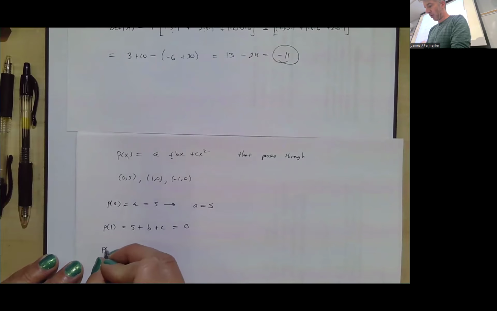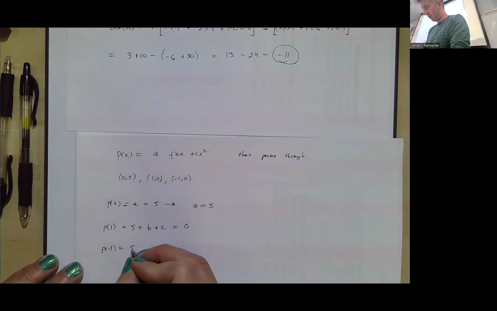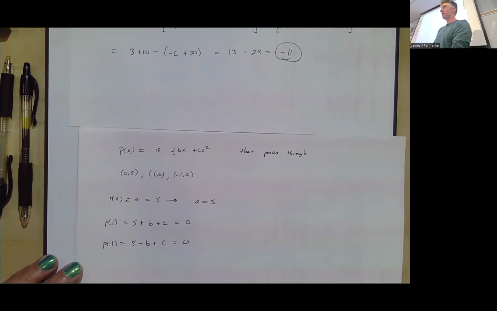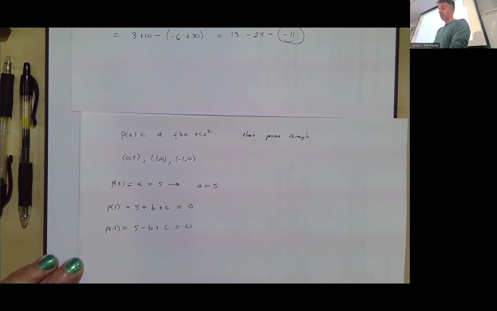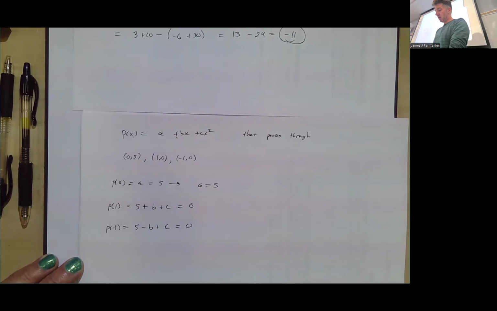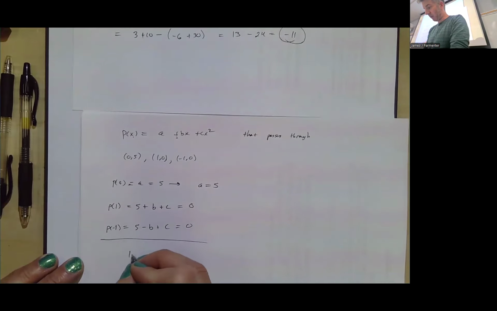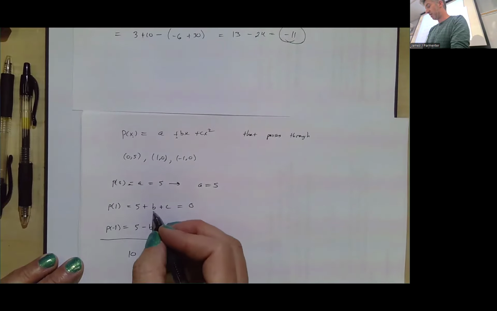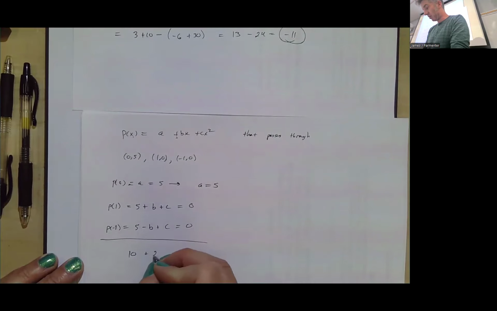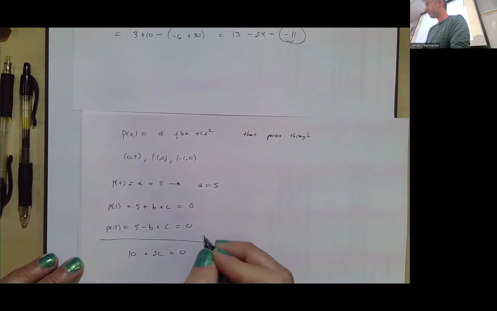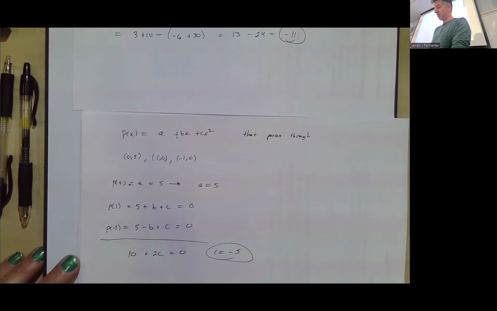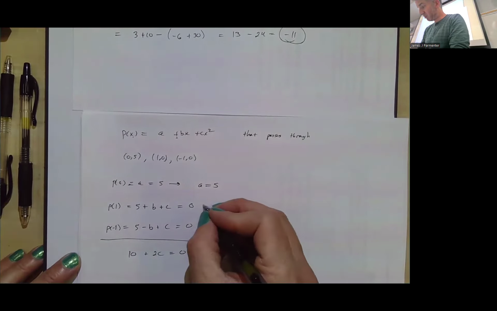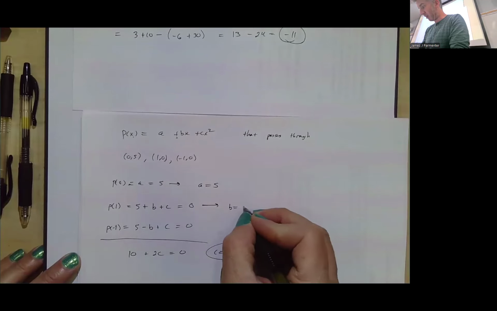And plugging in negative 1, I get 5 minus b plus c, also equal to 0. Then to solve the system, the easiest way is just adding these two equations together: 5 plus 5, plus b minus b is 0b, plus 2c equals 0. So c has to equal negative 5, and if c is negative 5, then b has to be 0.